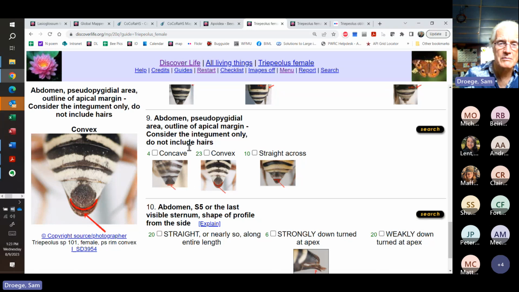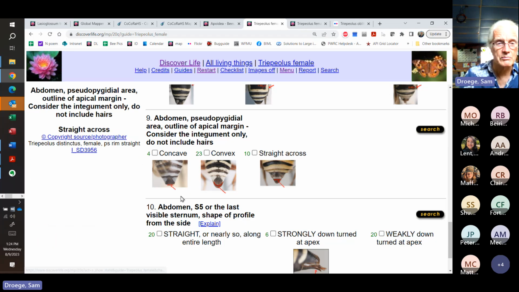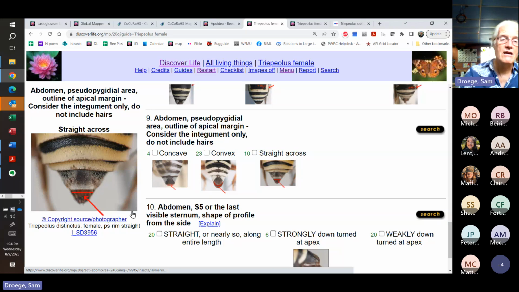You can see here by that number, most things would fall into a convex category. The concave is relatively rare, only 4 species. Straight across would be the final one. Again, what is straight is a question that needs to be asked.